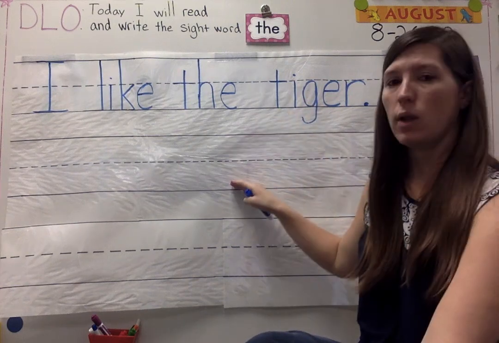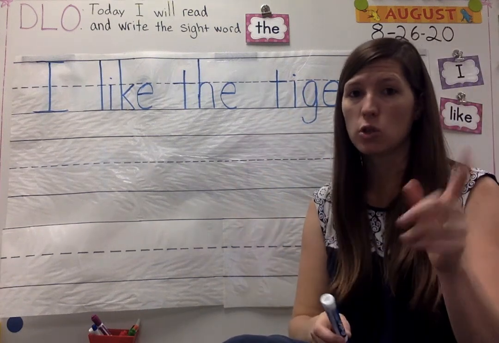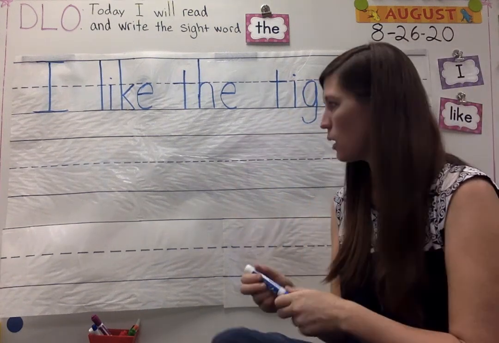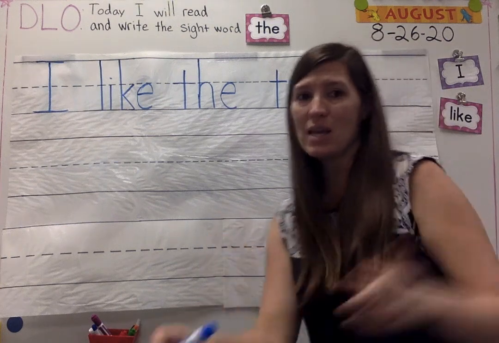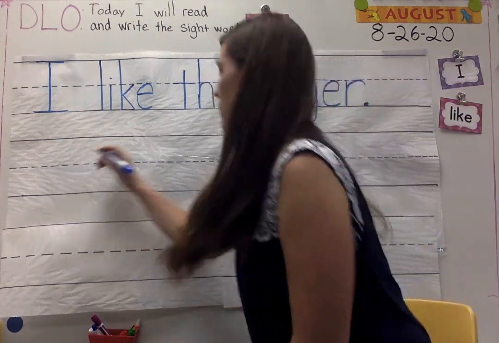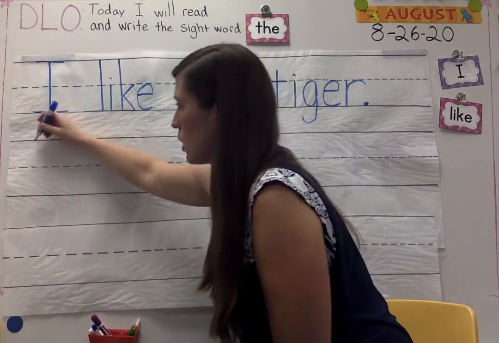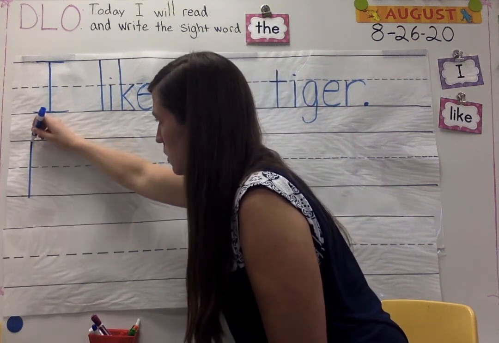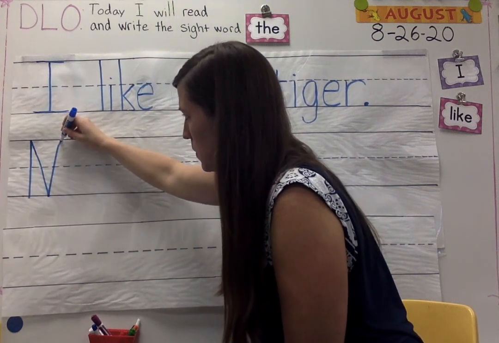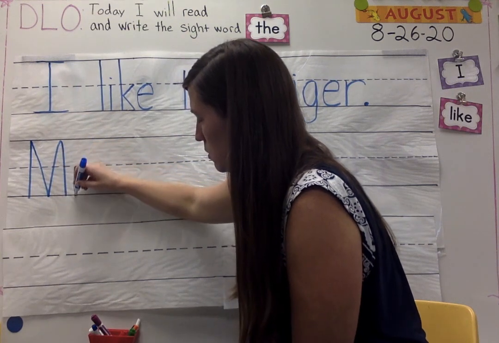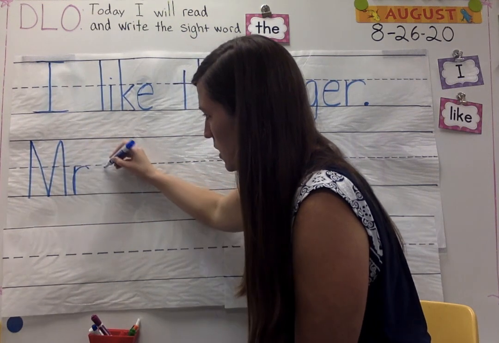I'm going to go down one more line and write my name. Don't forget to write your name. We're practicing that. I'll write my name and the date. I changed the date up here and I'll write it here. My name is Mrs. Hawkins. M-R-S.